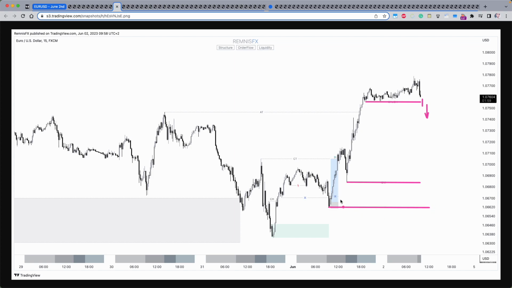And look, if we add to confluence the 50-minute time frame, the lower time frame even, this engineered liquidity sitting very close to this inducement, definitely interesting to see what price action will do.